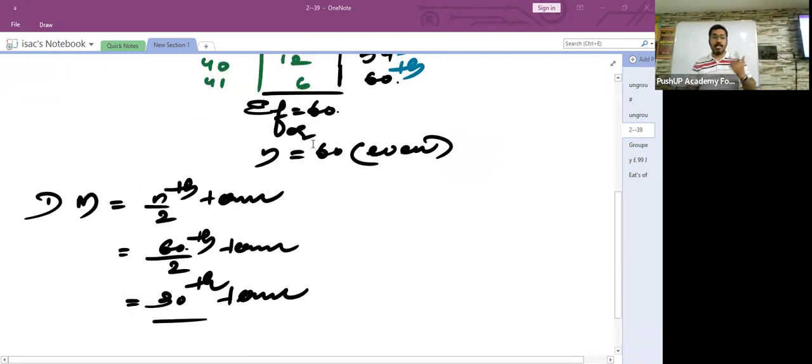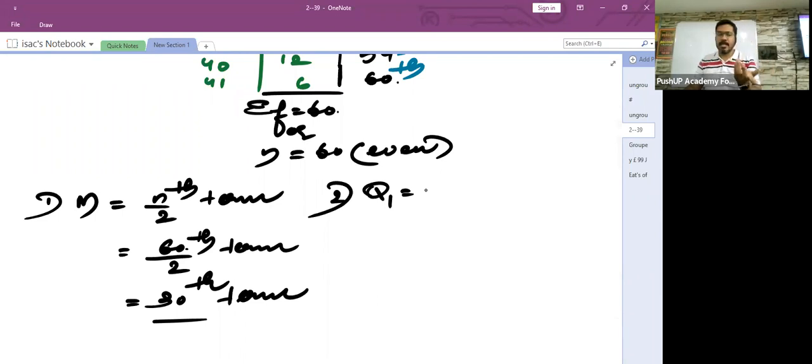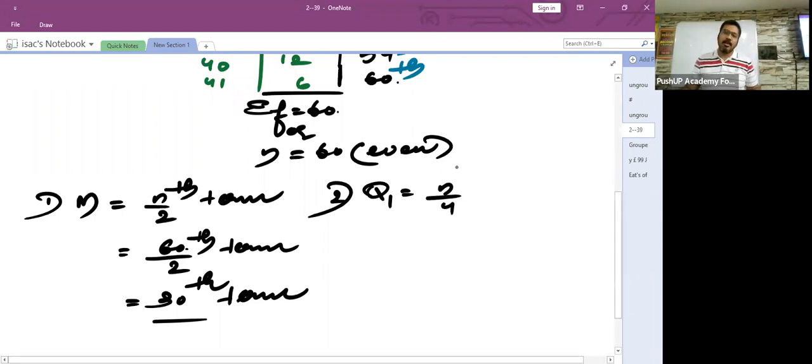Children, the second question, find the lower quartile, which is denoted with Q1. How much will be Q1? Listen to this part. The number of terms is even, tabulated data. Remember, children, the formula to find the lower quartile will be n by 4th term.